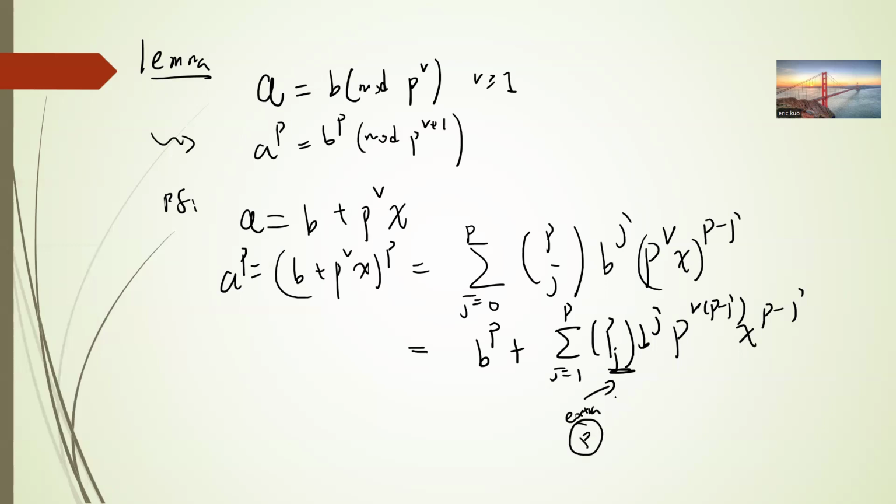And for each term we at least have a P to the V term, so combined they are a P to the V plus 1 term. So this is the proof.